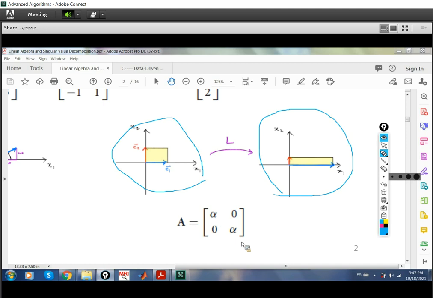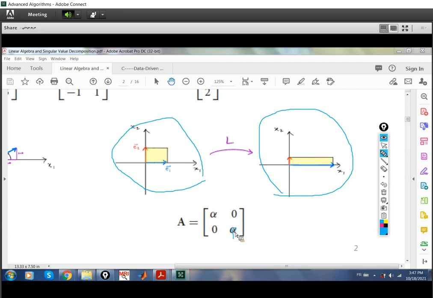Diagonal means that only in the main diagonal direction we have values. Of course, here both diagonal values are the same. It is not related to these figures, because one of them is stretched and another is compressed. Then they cannot be the same.